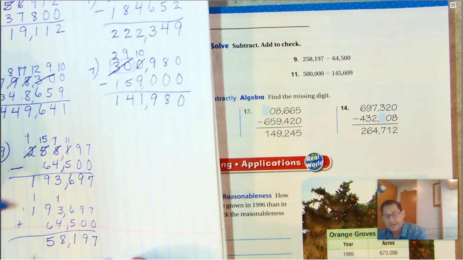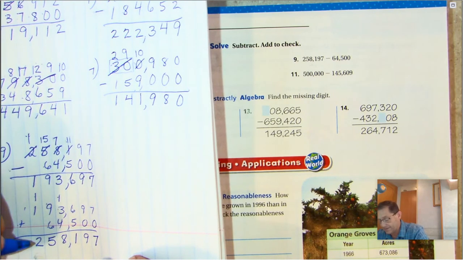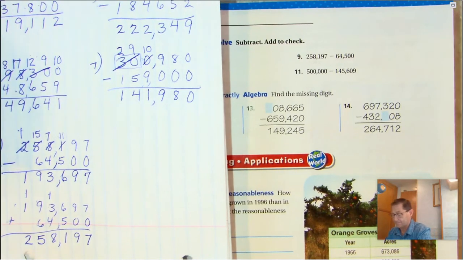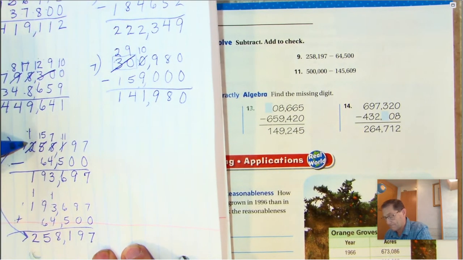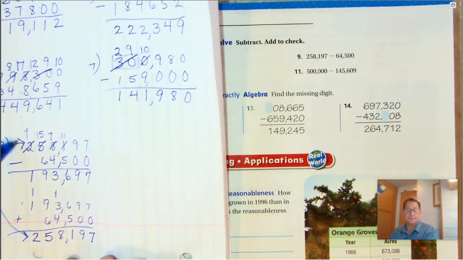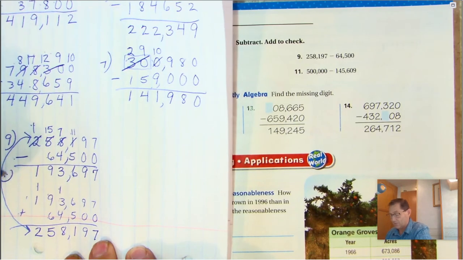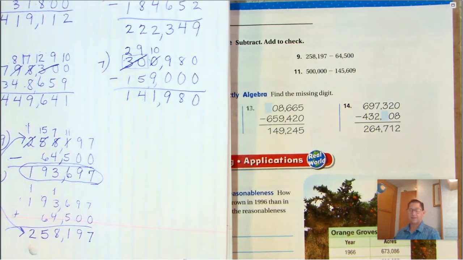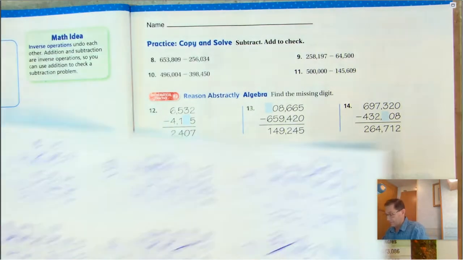Regroup and rename that as 100,000 plus 100,000, 258,197. And our two values match. So our answer, 193,697, is correct. Number 10.